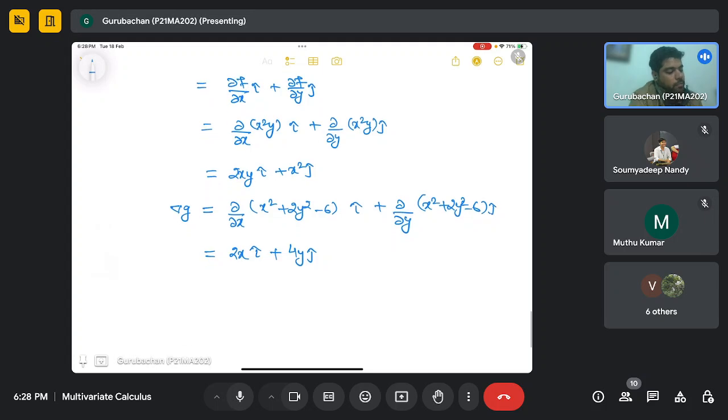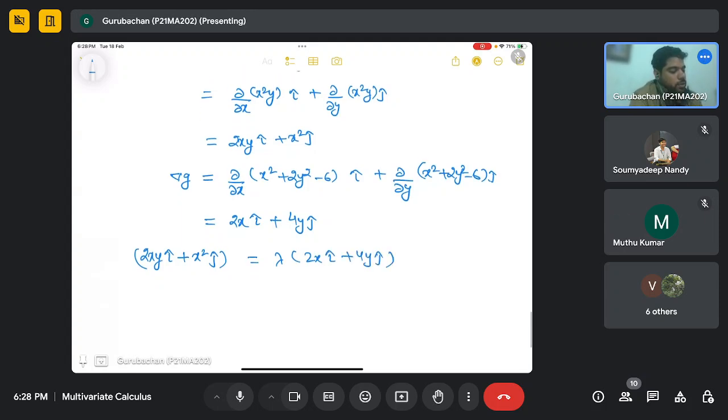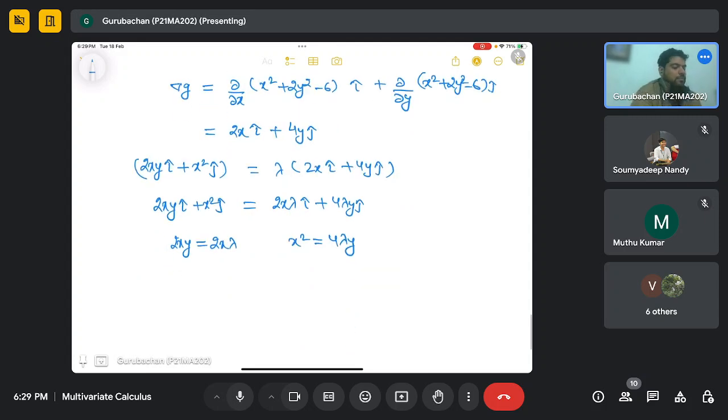Now by Lagrange multiplier, you need to equate 2xy i cap plus x square j cap equal to lambda times 2x i cap plus 4y j cap. So this will be 2xy equal to 2x lambda, and x square equal to 4 lambda y. So you get these two equations.